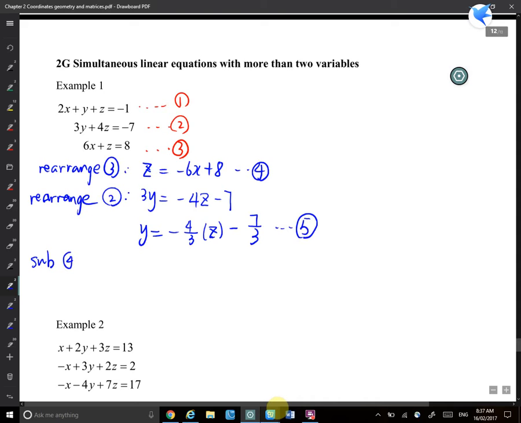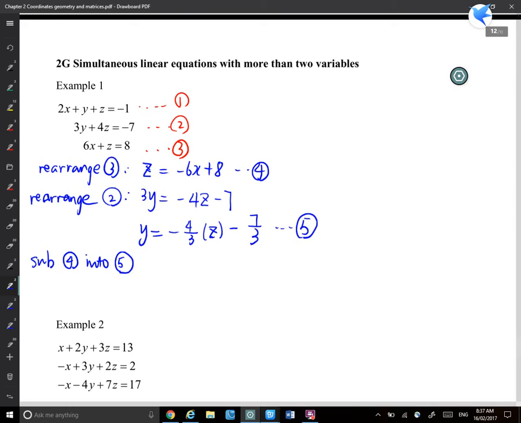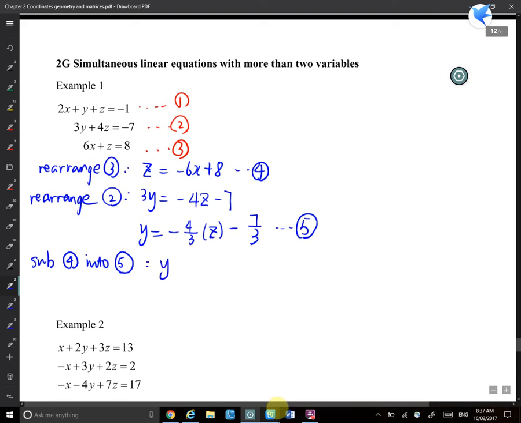We can sub number 4 into number 5. What will we have? I'll have y equals minus 4 over 3 times z, and z is minus 6x plus 8, and minus 7 over 3.